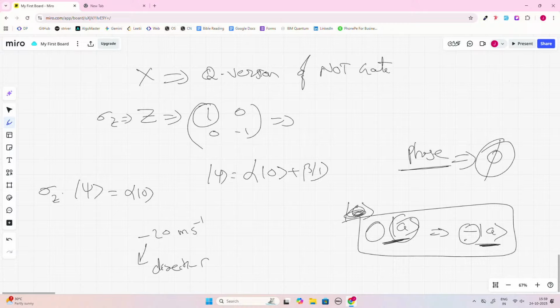There is no change in my zeroth state. But this one will become this. Only my first state, the |1> state, has its sign flipped. Meaning the phase will be flipped only for the |1> state. Nothing happens in the zeroth state. Got it? So that is your Z gate, the phase flip operation.